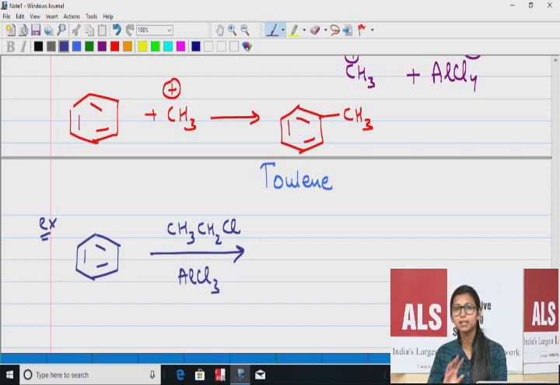Okay, so you people are getting the ethyl benzene, right? Ethyl attached to the benzene, obviously.